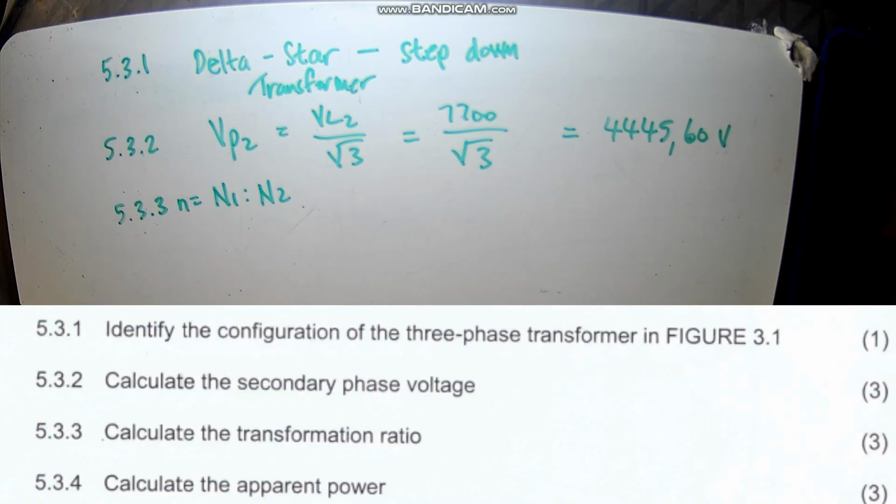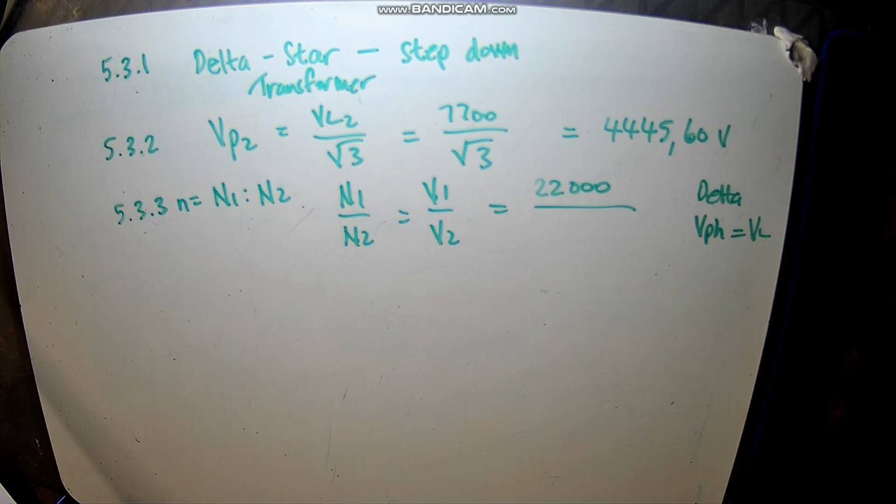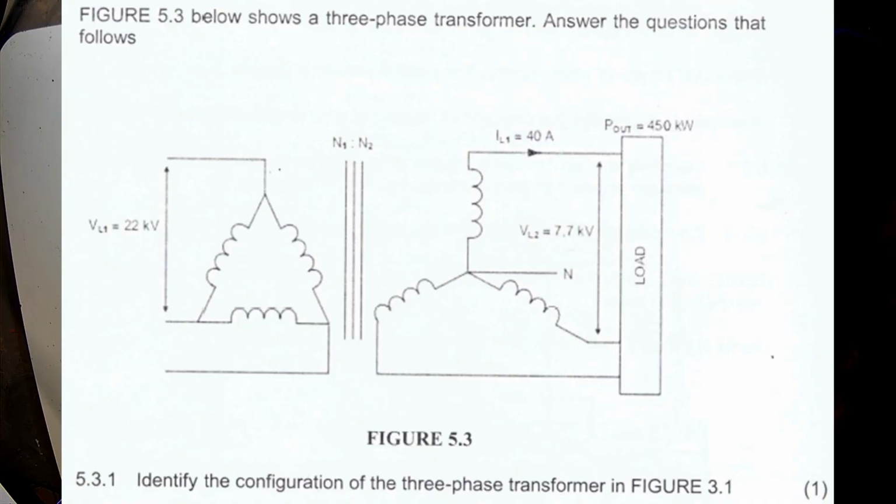So when I say the fraction formula, that is N1 over N2 equals V1 over V2. So V1 is 22,000 volts. Why? Because delta V phase is equal to VL. So the line voltage and the phase voltage are exactly the same with delta configurations. Okay, so the primary side is 22,000 volts.